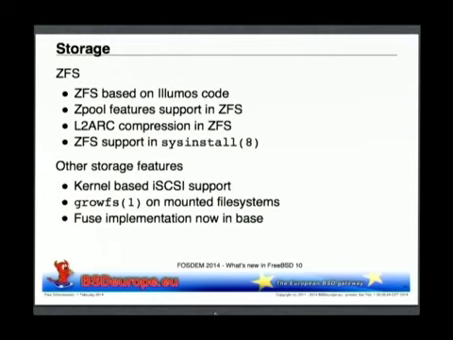And the FreeBSD project has rebased its sources. We are not deriving from the old Sun repositories anymore. We are now derived from the Illumos code. And we are slowly getting in the new features that are developed in the Illumos project now.